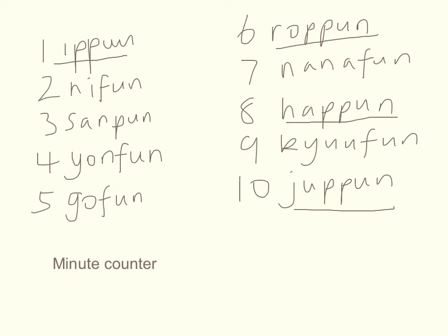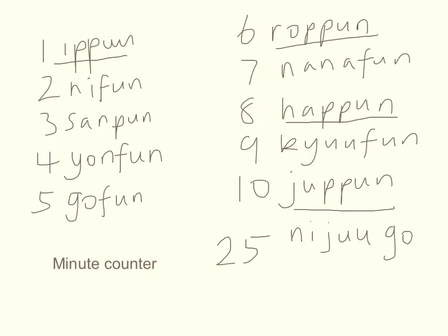Let's say we've got 25 minutes. What you do with this one, step 1, convert it into Japanese. 25 is ni, ju, go. Now, that's only step 1.